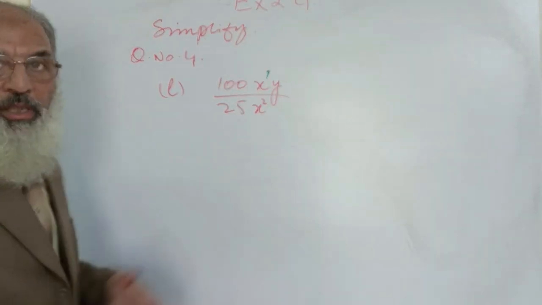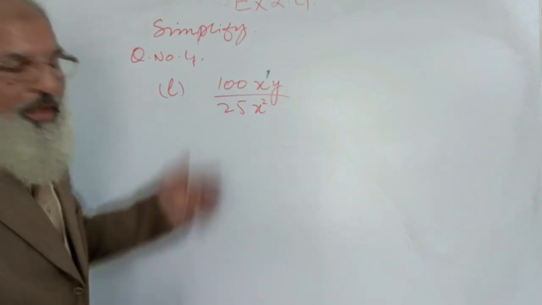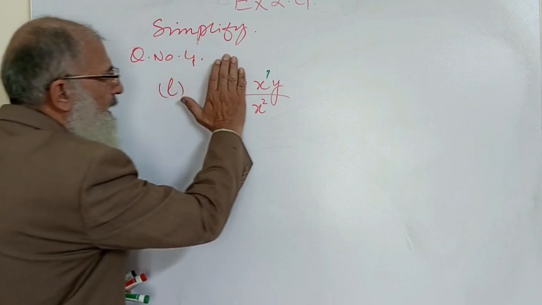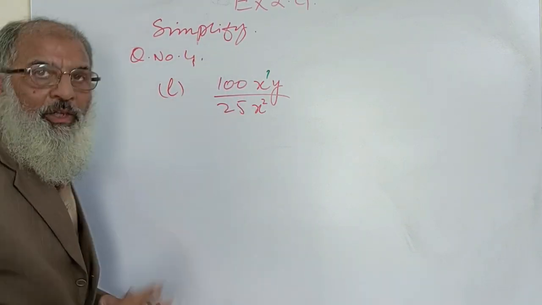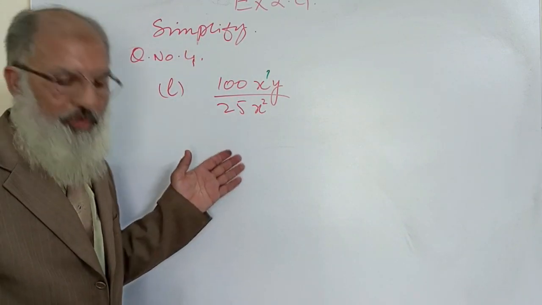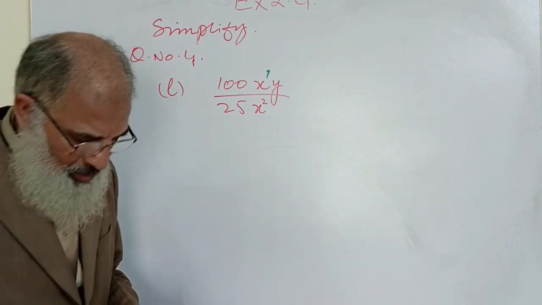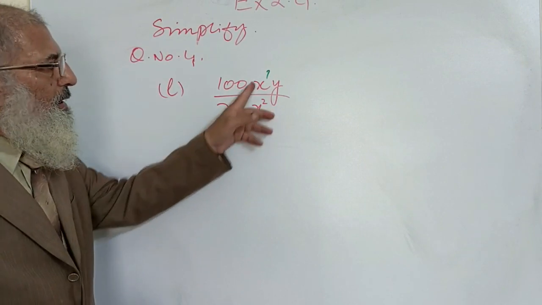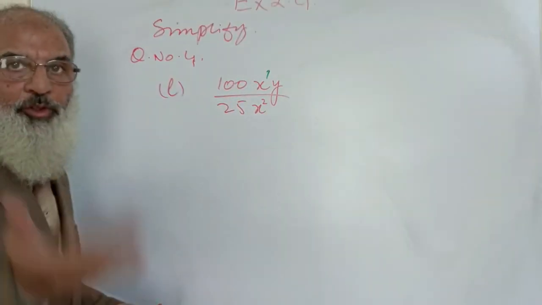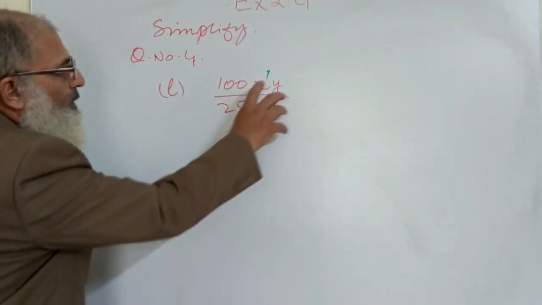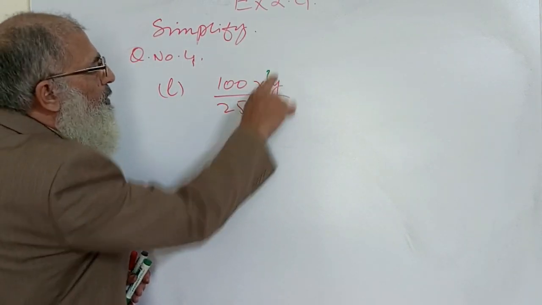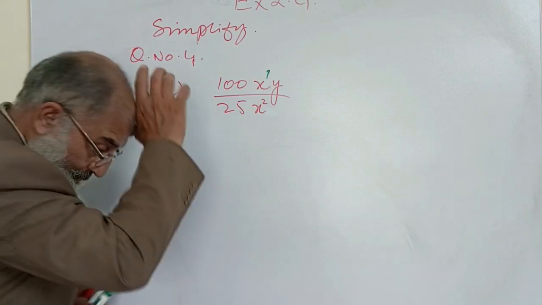The same procedure will happen over here. If I forget about the coefficients, I know what to do with the coefficients, but I know that some of the students are confused. This x is raised to power 1, and this x is raised to power 2.